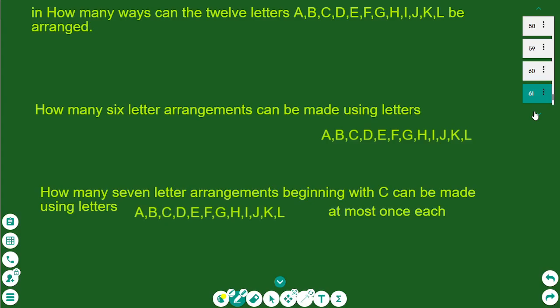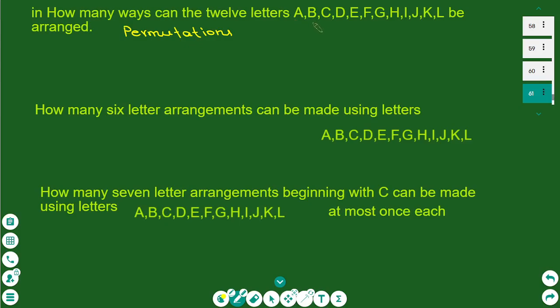And let's go to this example. In how many ways can the 12 letters A, B, C, D, E, F, G, H, I, J, K, L be arranged? So here we are looking for different arrangements. So it has to be permutations, because the order matters.